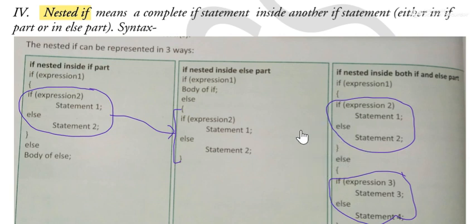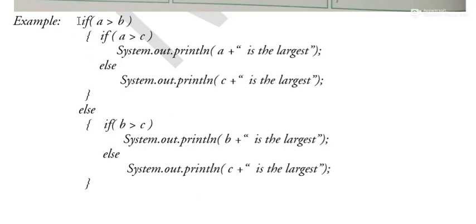In this way, we can use any pattern to put one if statement inside another if statement or else statement. Now take an example of nested if. It is the representation of the third syntax where an if else statement is nested inside the if part and another if else statement is nested inside the else part.